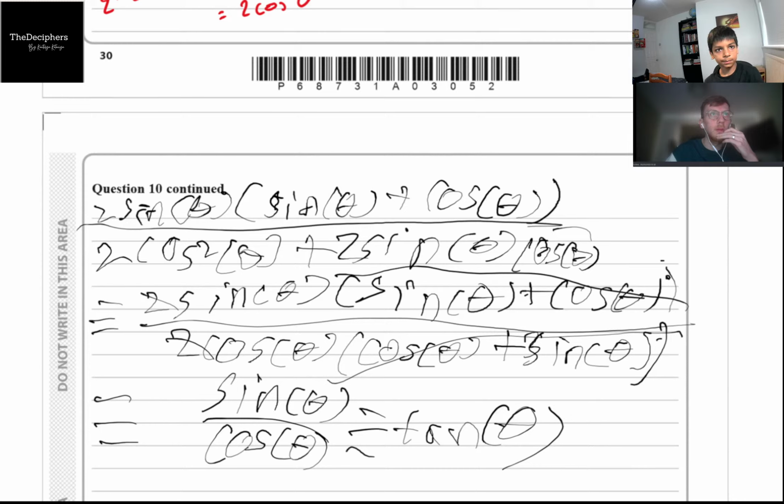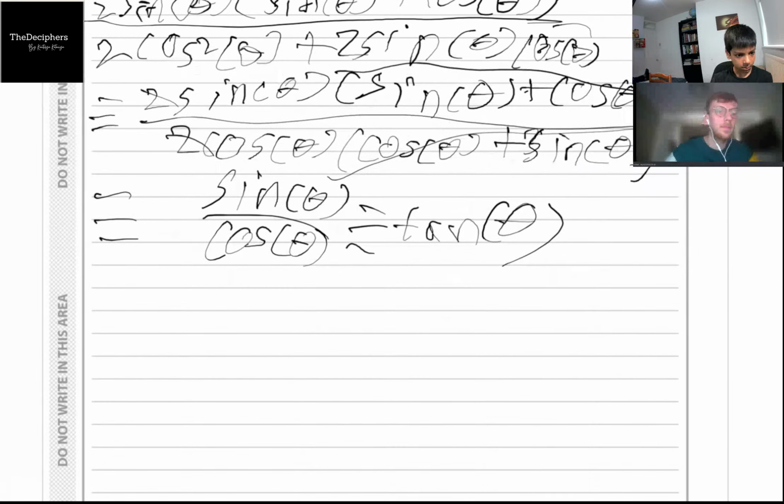Fantastic. Okay, so yeah, and you finish your proof, therefore it's the same as tan theta, yeah? Yeah. Okay, I'm just writing down part B so you don't need to keep scrolling up on the page below.